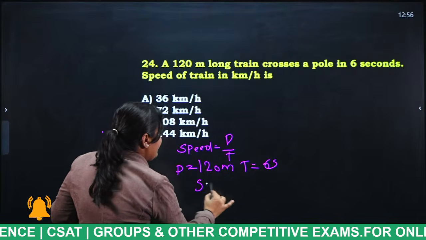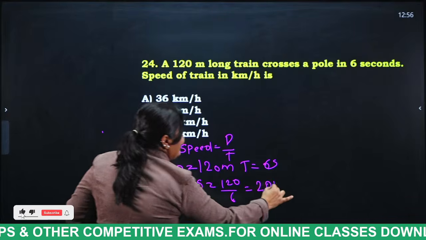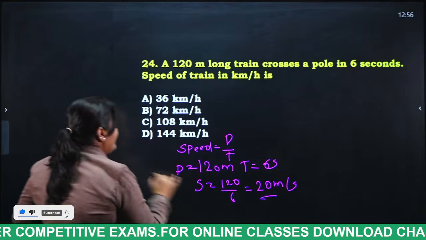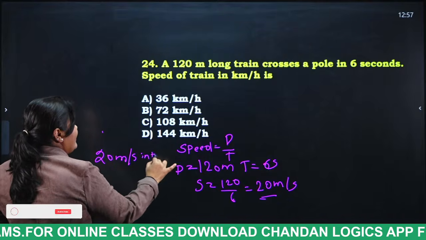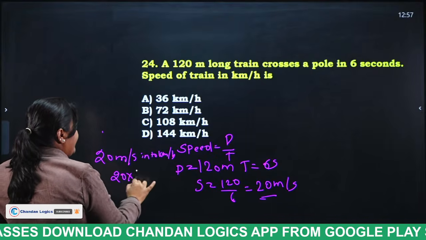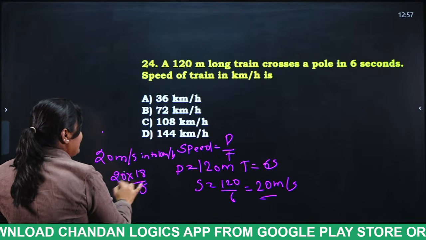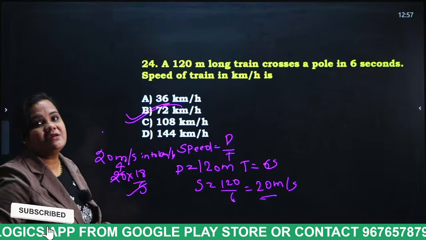So finally speed is equal to 120 by 6. You will get 20 meters per second. Now we have to convert this 20 meters per second into kilometers per hour. And what will you get, students? 20 into 18 by 5. So 5 fours are 20, finally 72 kilometers per hour. Sorry students. Okay.